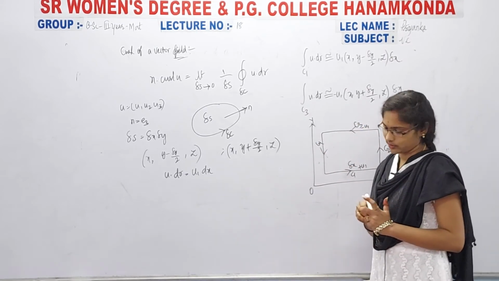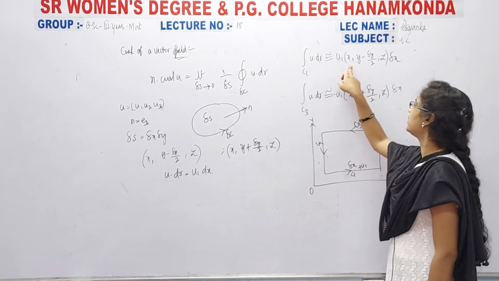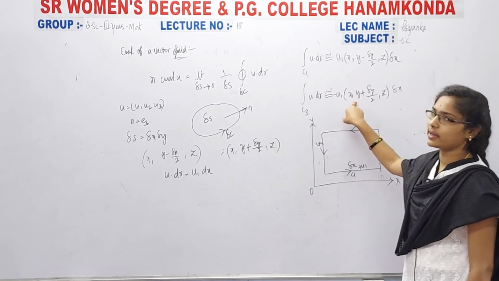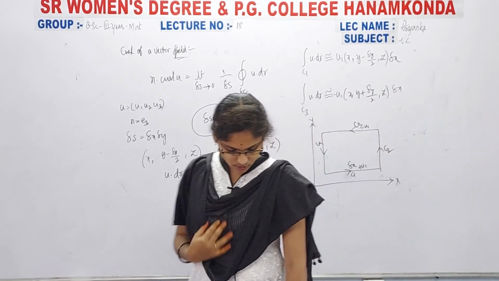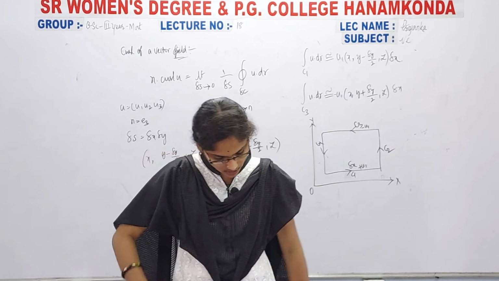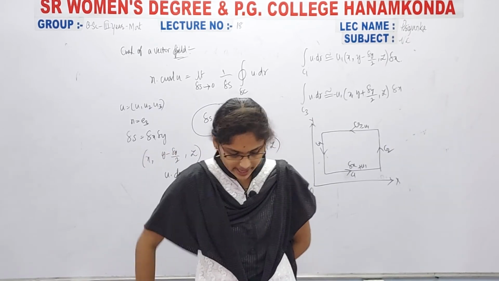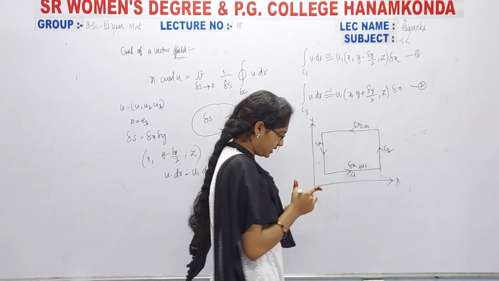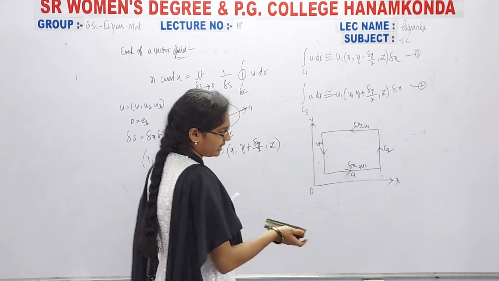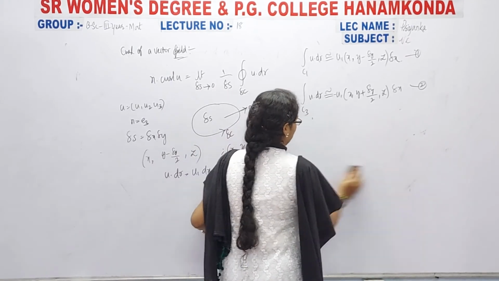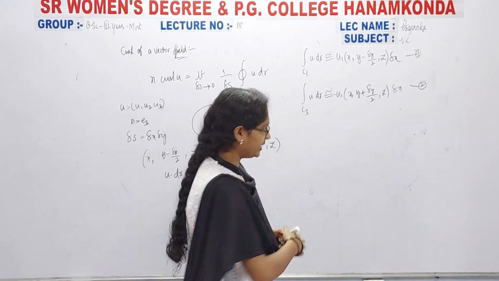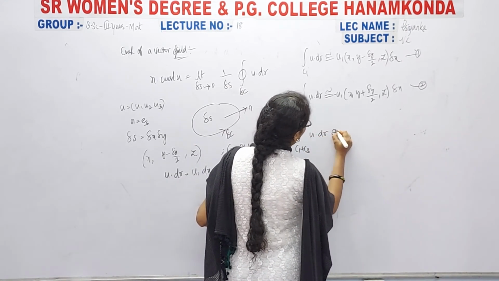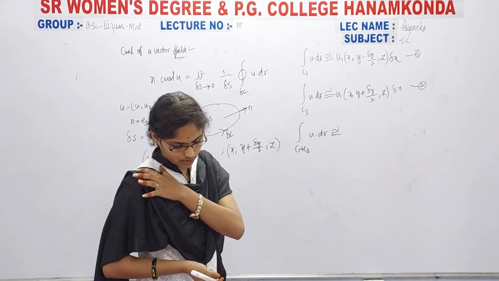Then at that time you will get x plus, here x minus delta x by 2, and here you will get u2 and minus u2, like that we will get, okay. So next, by adding 1 and 2, write down: the integral over C1 plus C3 of u dot dr is approximately equal to, directly I am giving, no need to calculate all this.